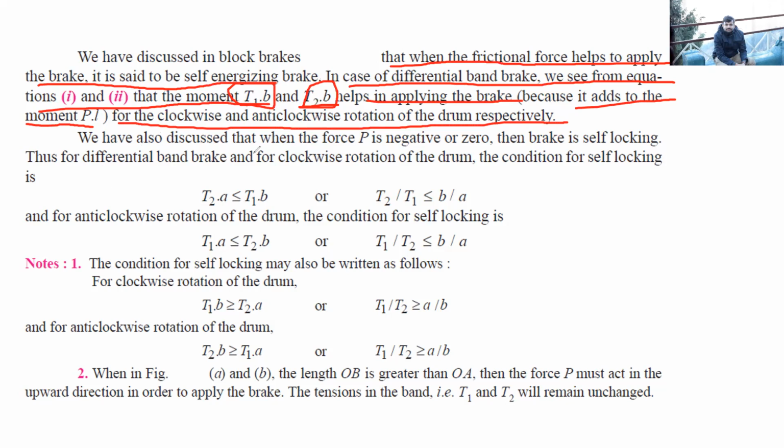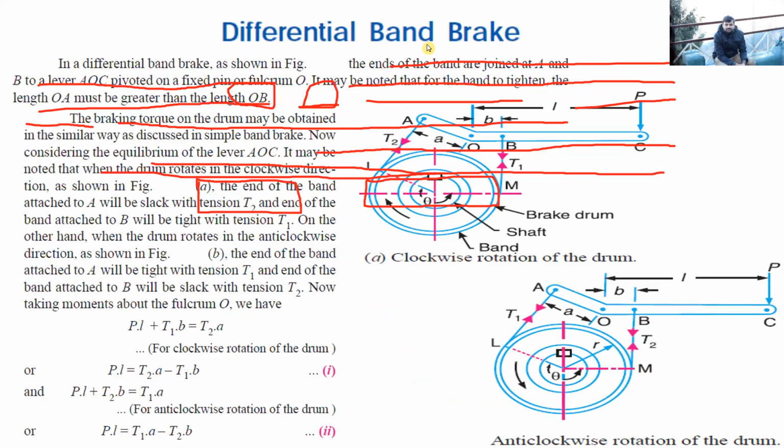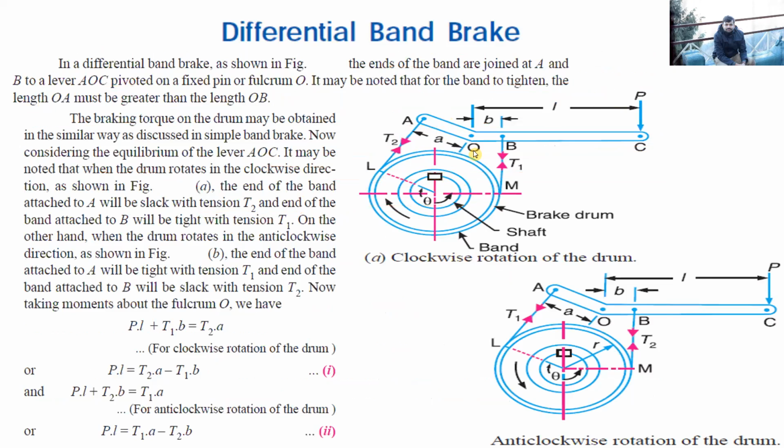We have discussed that when the force P is negative or zero, the brake is self-locking. Thus, for a differential brake and for clockwise rotation of the drum, the condition for self-locking is T2 into A should be less than or equal to T1 into B. So T2 upon T1 is less than or equal to B upon A. These distances can be manipulated as per our requirement.